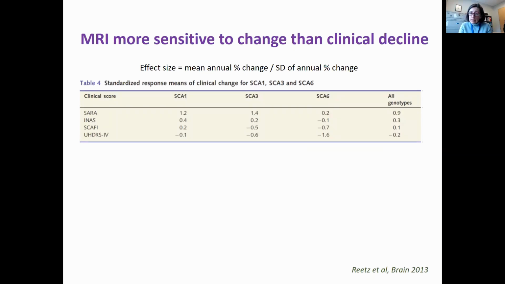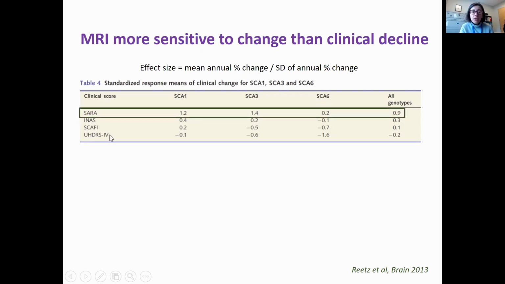Then in the same study, the investigators looked at the sensitivity of change over time of clinical measures and these volumetric MR measures. Of the clinical scales that they used, SARA, the Scale for the Assessment and Rating of Ataxia, by far the most widely validated and used ataxia scale, was the most sensitive to change based on the effect sizes listed here.